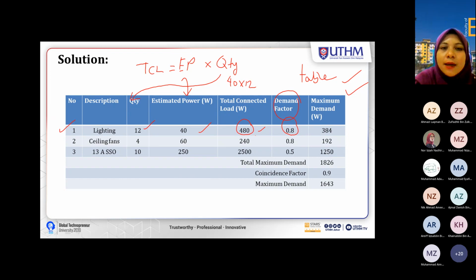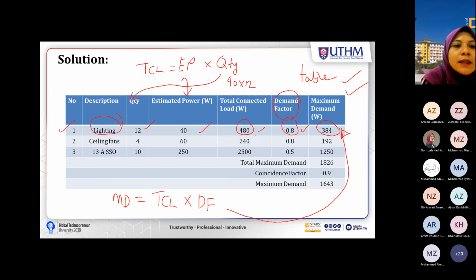For example, the demand factor for the lighting is 0.8. So to calculate the maximum demand of the lighting load, MD equals the TCL times the demand factor. Then you get the maximum demand of the lighting loads.